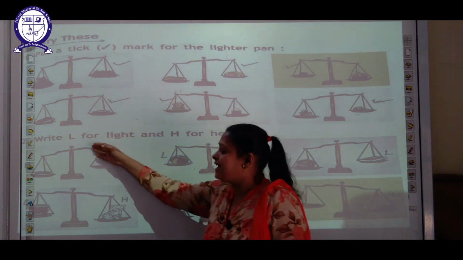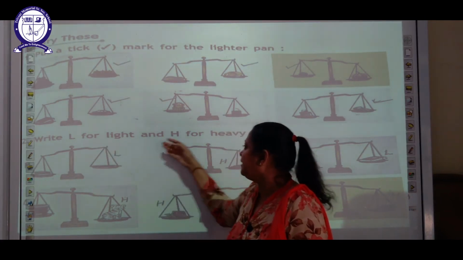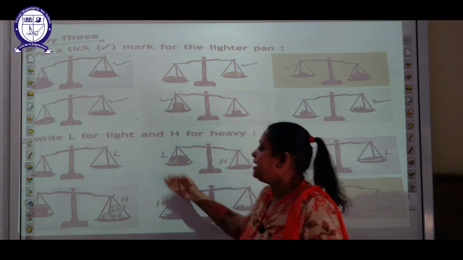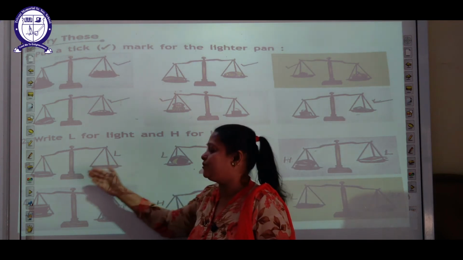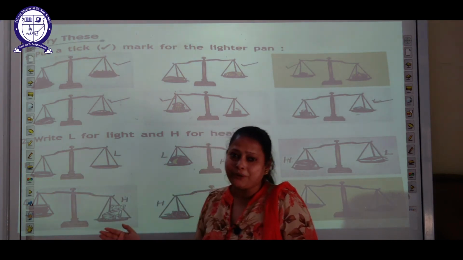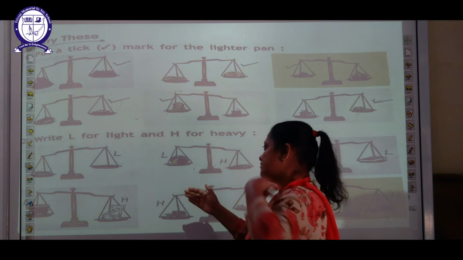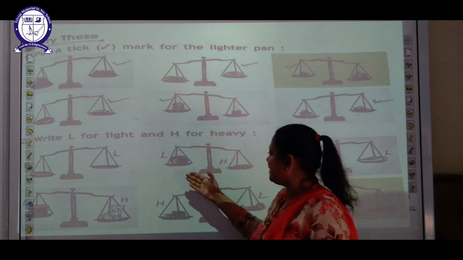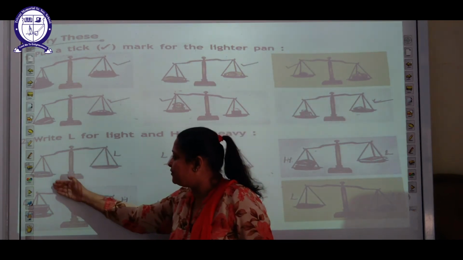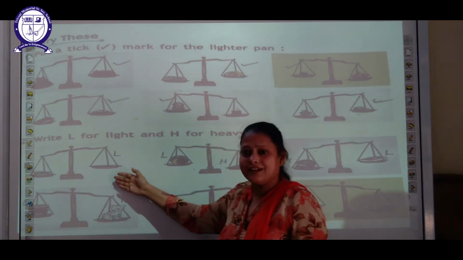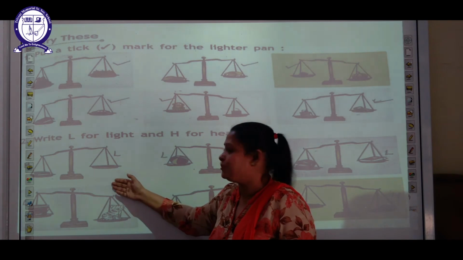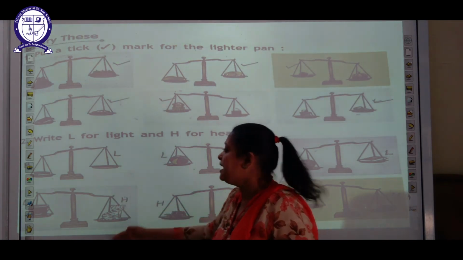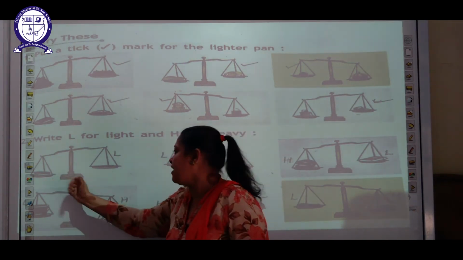Next question: write L for light and H for heavy. I already told you that the lighter pan will move upward and the heavy pan will move downward. So it shows that, students, this pan is lighter and this pan is heavy.